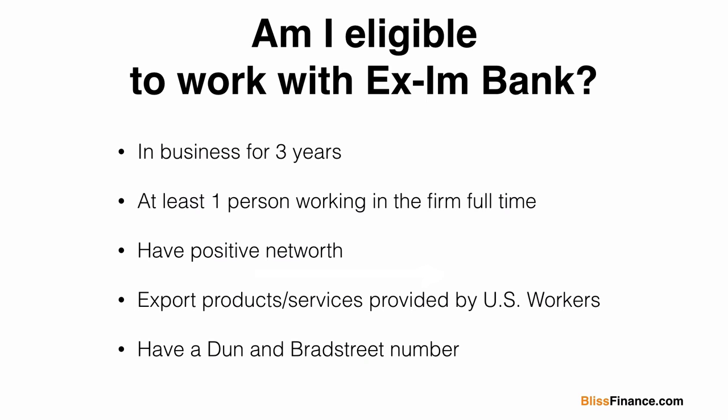And fourth, you must export products or services provided by US workers. And last but not least, you must have a Dun and Bradstreet number in order for the government to work with you. There are a lot of resources out there, and I'm also going to include a link that guides you through exactly how all that works.